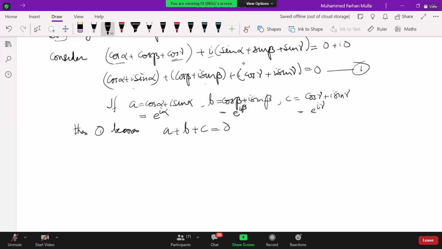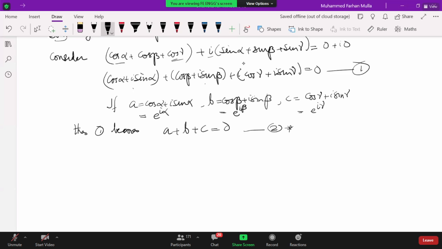That is, cos alpha plus I sin alpha is e raised to I alpha, this is e raised to I beta, and this is e raised to I gamma. There is no R here, so I skip that. Okay, this is the first equation.